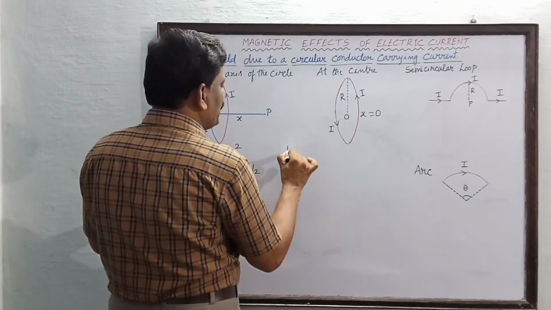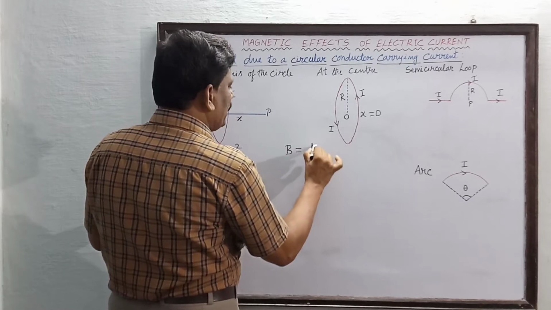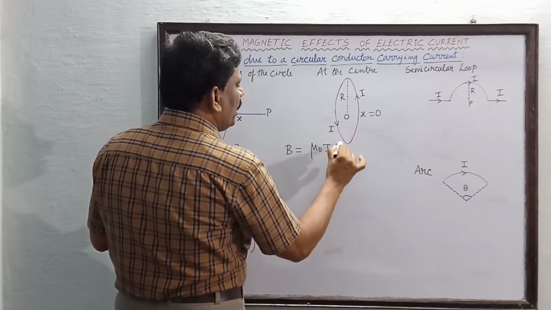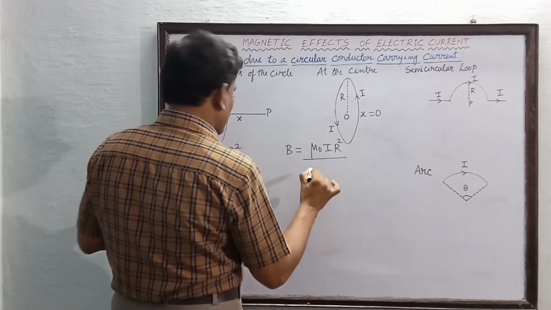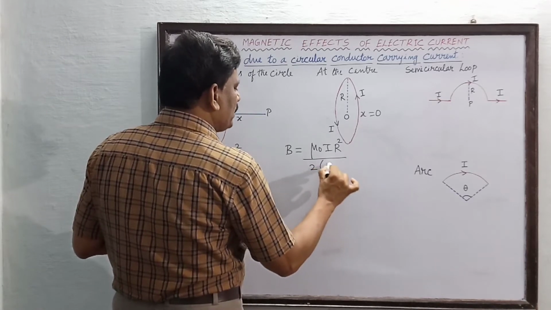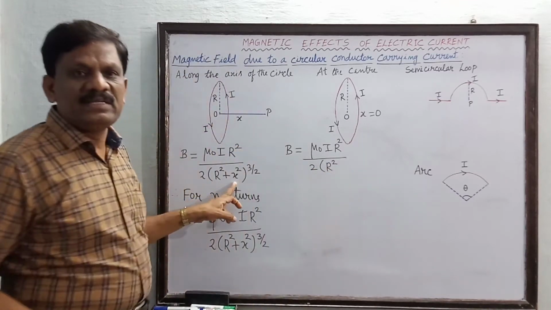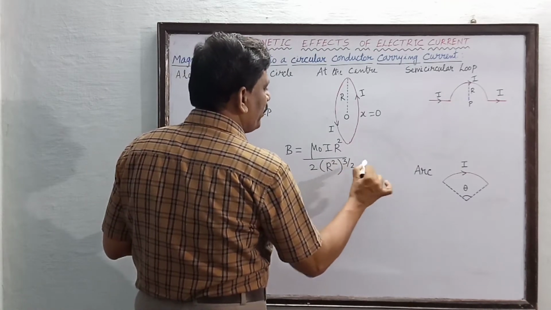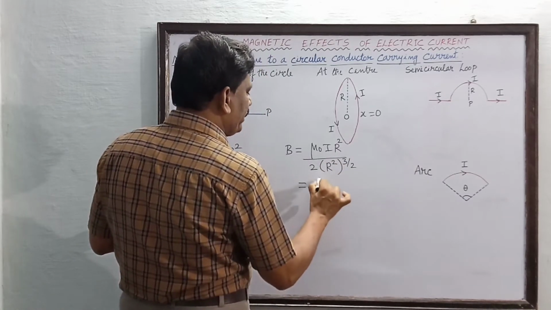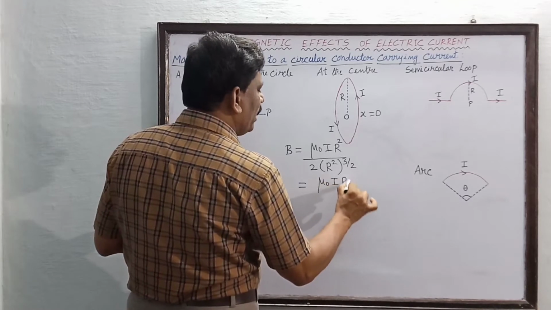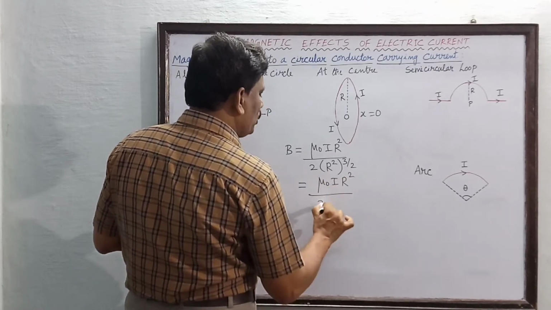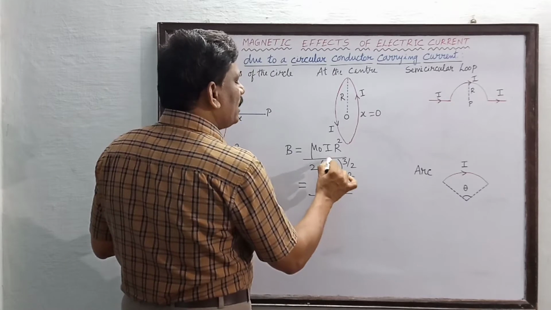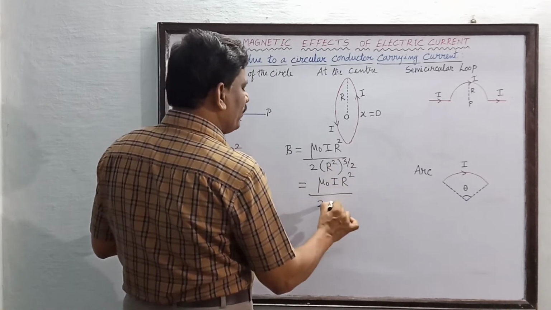Therefore B must be equal to mu naught I into R square divided by 2 into R square plus x square, with x being 0, so R square whole power 3 by 2. So this is now equal to mu naught into I R square divided by 2 into R square whole power 3 by 2, which will become R cube.